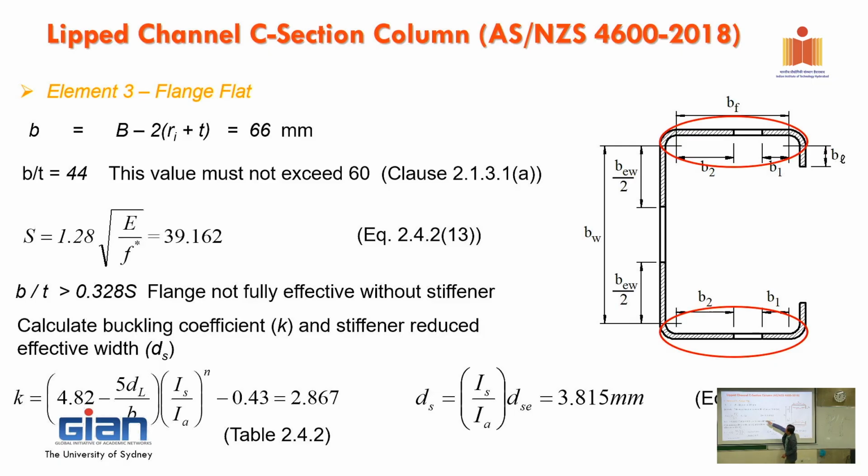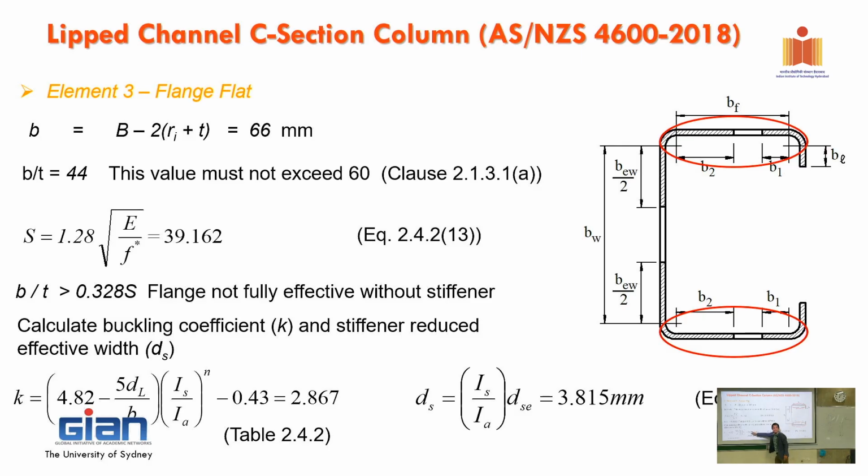And then, of course, the whole equation here, based on the standard, you have all what you want, b, b over t, and you plug into this equation, you get S, and from S, you compare with b over t, and then you plug into this equation, you can calculate K. And K is now, you can see, 2.8, somewhere in the middle, between 0.43 and 4.